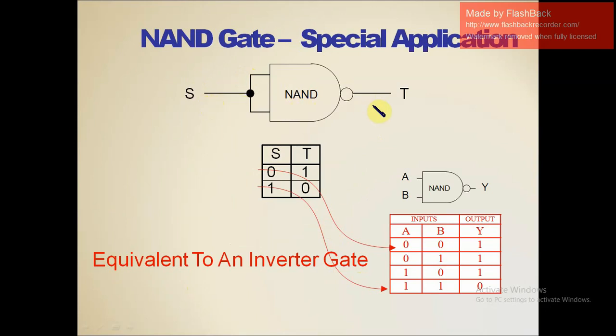Check the next one. This is the special application, the NAND gate application. Given input, we get the output. This is the bubble, which says that an inverter is what happens in the NAND gate.